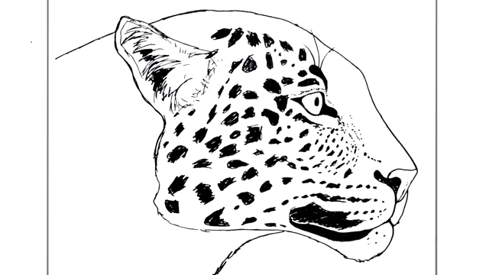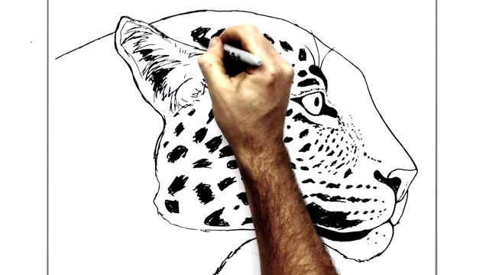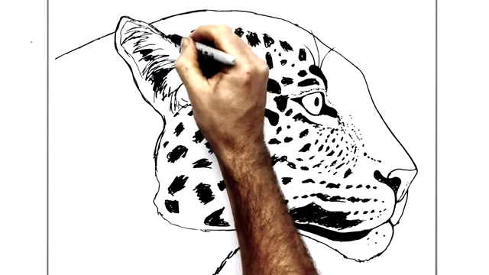That's what I've got so far. You need patience for drawing animals with all these spots on. That's all you need. A lot of patience.